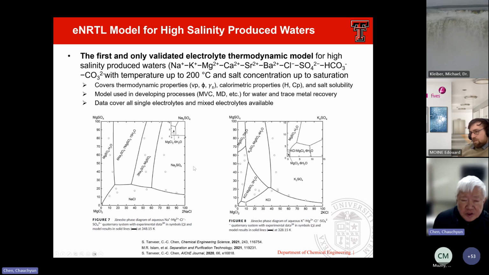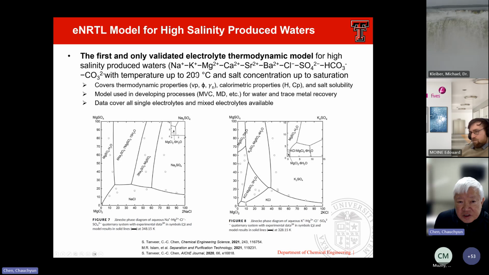As I mentioned, the model has been extensively used, and recently at TCU, we developed the first and only validated electrolyte thermodynamic model for high salinity produced water. And being in Texas, this is a major issue for Texans. We generate a lot of oil, but when we generate 1 barrel of oil, actually we generate maybe up to 5 barrels of dirty water, the produced water.